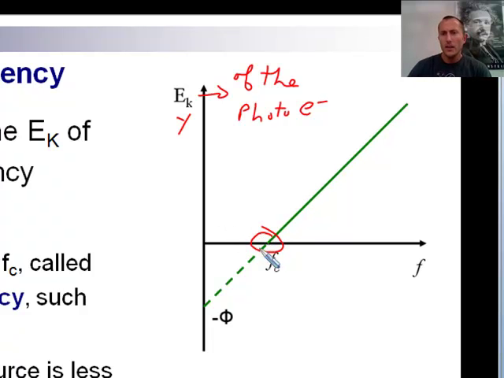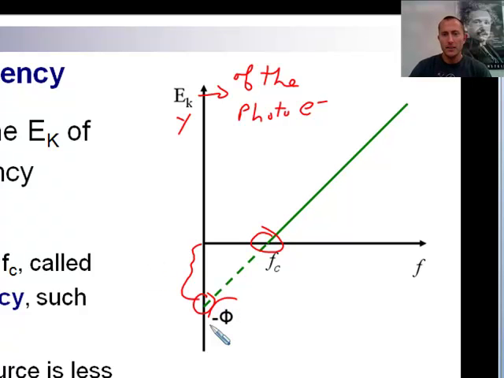Now, if we trace this back to the y-axis and look at where it crosses the y-axis, this amount of basically negative energy is the amount of energy it takes just to get the photoelectron off of the surface of the material.